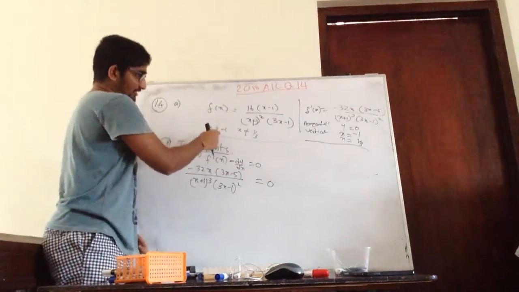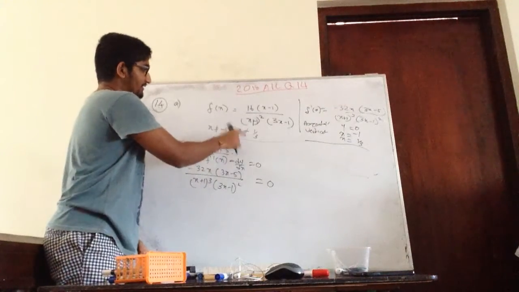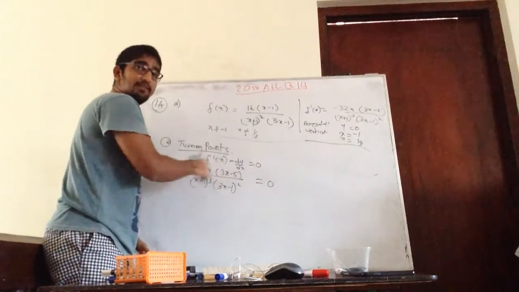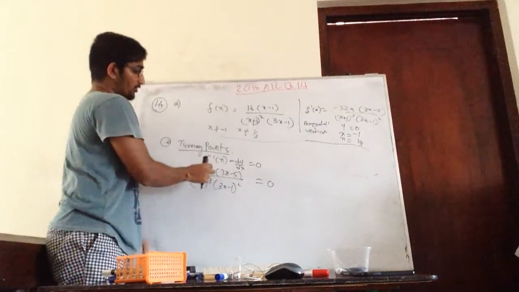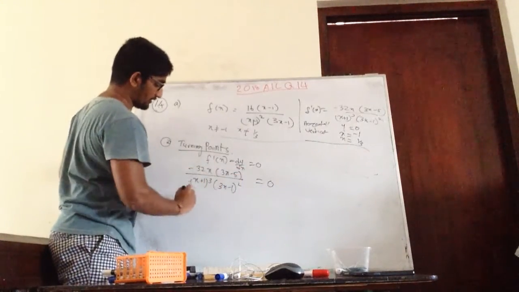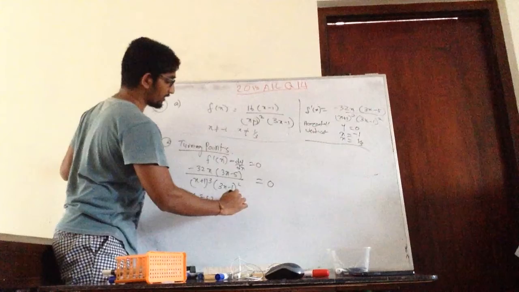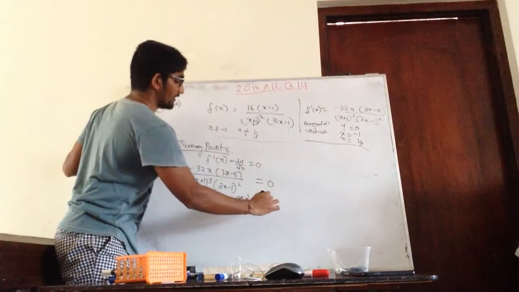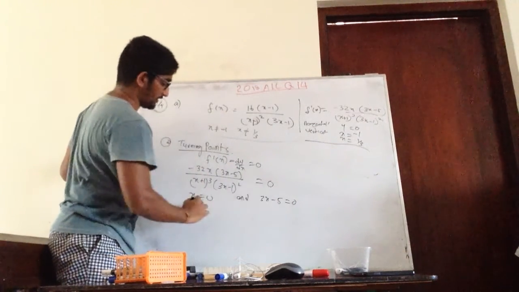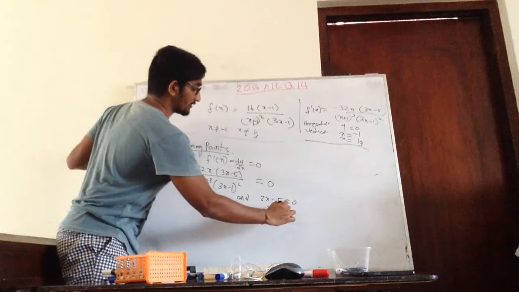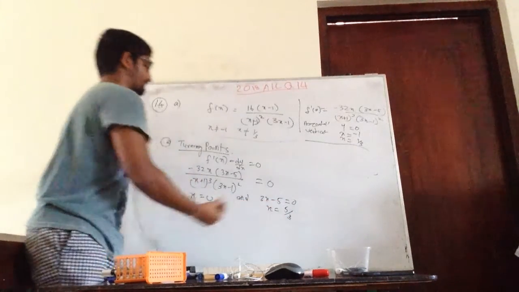We know that x is not equal to minus 1 and x is not equal to 1 over 3, so this part will not become 0. So the only things that can become 0 are x equals 0 and 3x minus 5 equals 0. That means here you will get x equals 5 over 3.